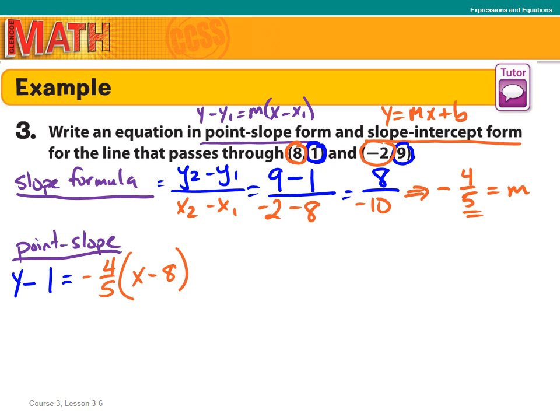So now it's in point slope form. You put a box around that. Now that just satisfies the first portion of this problem.